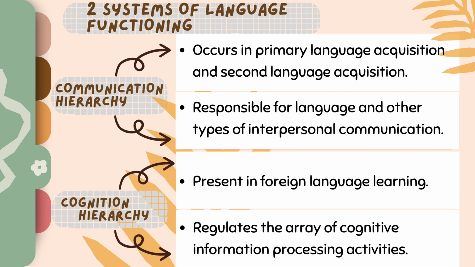Let us first discuss the communication hierarchy. According to Mandela, the immature neural systems which do the actual learning of primary language are components of the hierarchy of neurofunctional systems operating in the domain of communication. In our brain, we have what we call limbic and neocortical systems which are involved with communication.